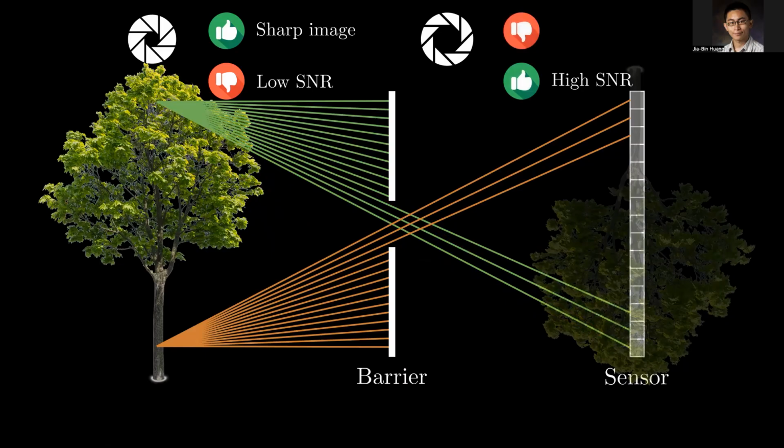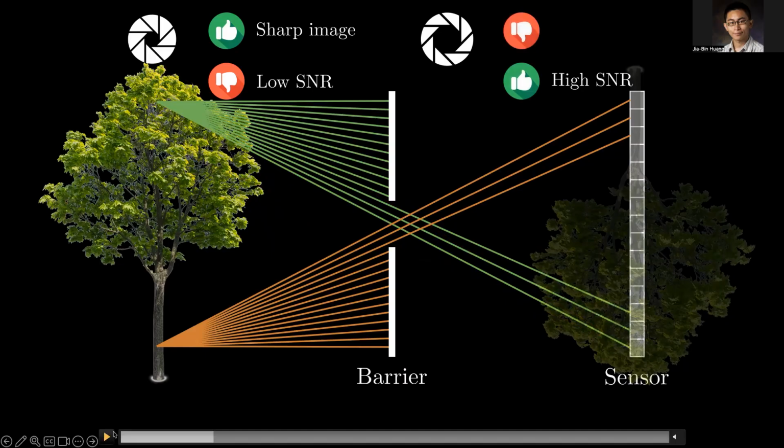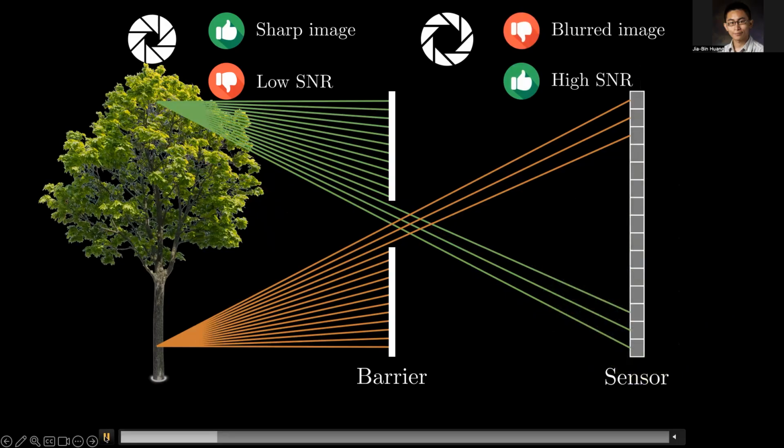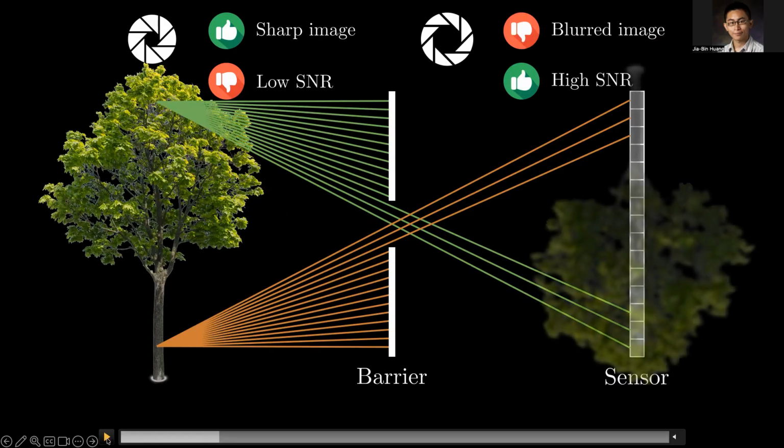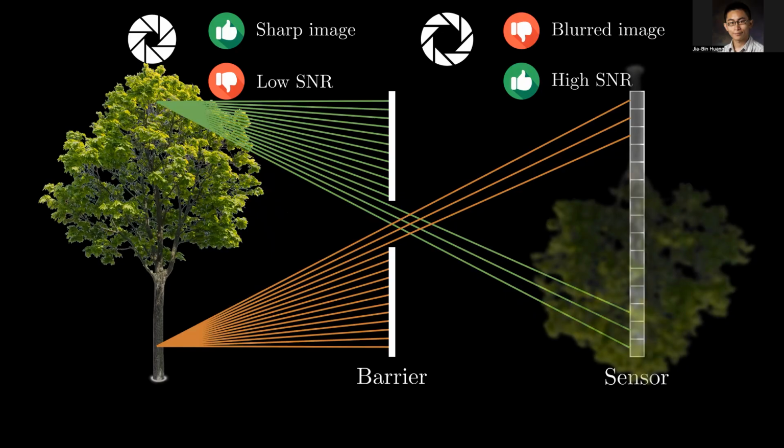Yeah, now it's blurry, right? So you have this kind of trade-off, and you get a blurry image. So how do we resolve this dilemma? People try to design a camera that can capture a sharp image but at the same time has high SNR.